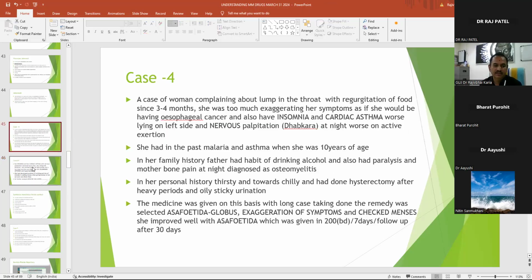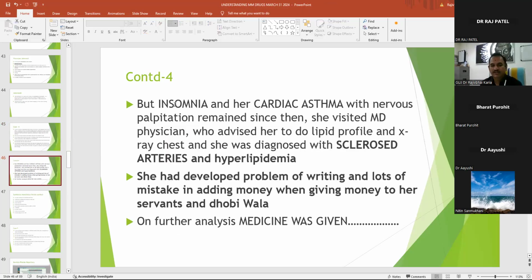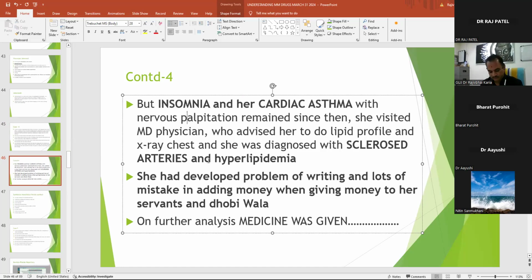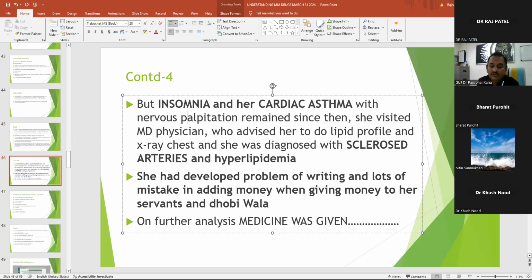Insomnia and cardiac asthma. Now solve it. Aurum? Sorry. Ferrum, no. Aurum. Sumbul. Very good. Sumbulus moschatus. What is moschatus?